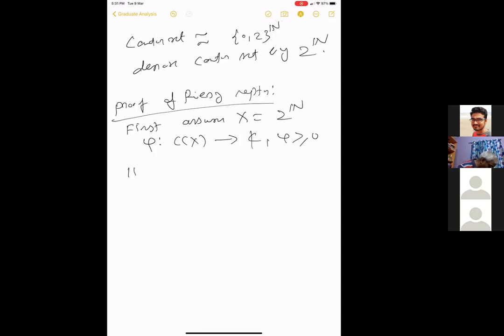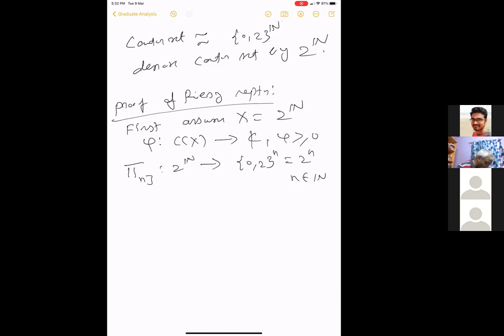So we consider this pi n from X to {0, 2} to the power n, where n is just a finite number. So pi n is the projection.